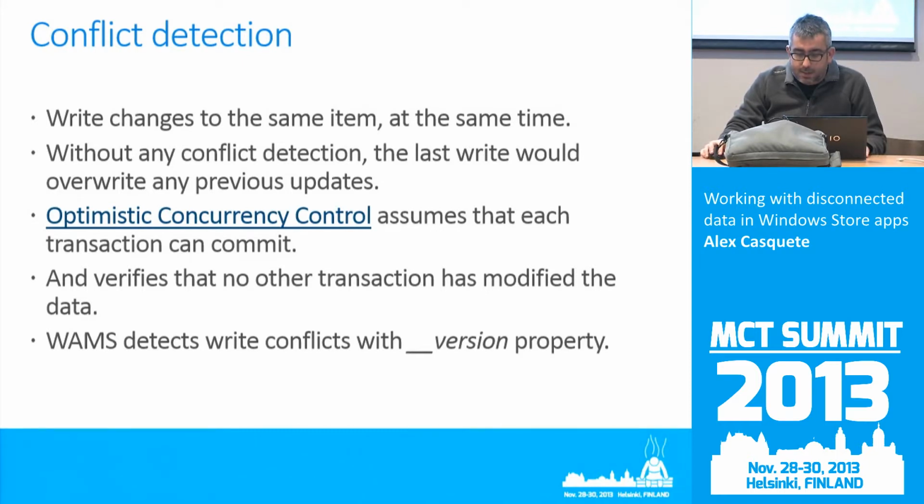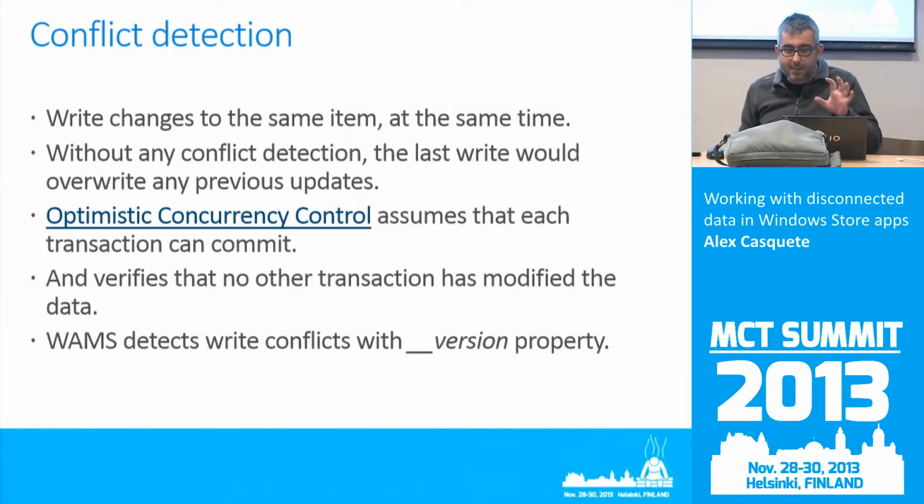Windows Azure Mobile Services supports optimistic concurrency control by tracking changes using a field called version. This is a new feature that the team added in the last week or two.